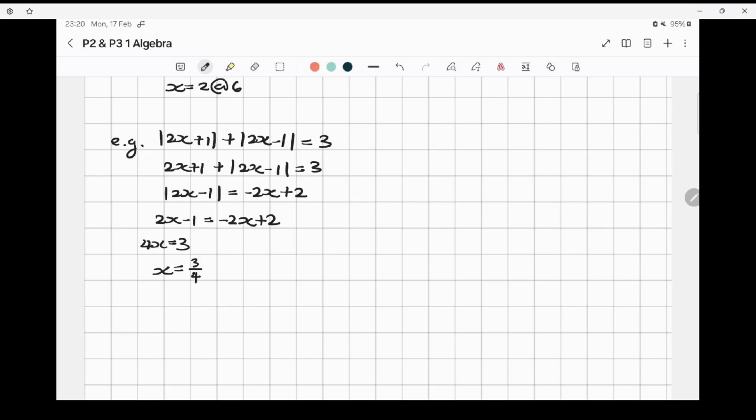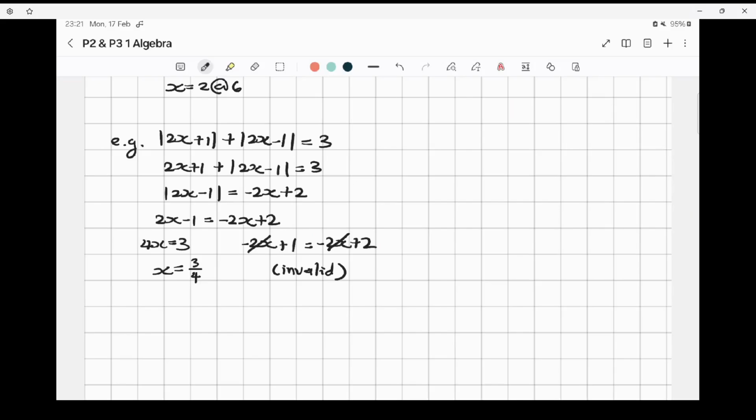Now let's consider the negative portion of 2x minus 1. So you get minus 2x plus 1 equals minus 2x plus 2. The minus 2x cancel off, so this is invalid. Now let's look at the other part of the 2x plus 1.